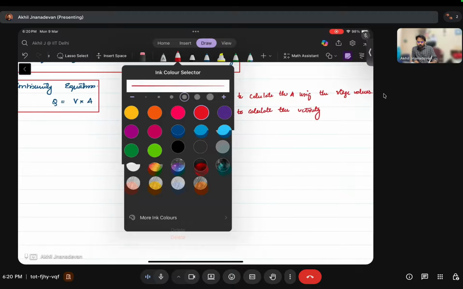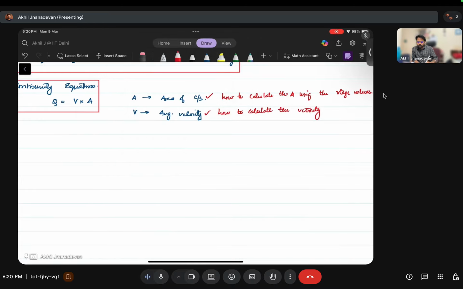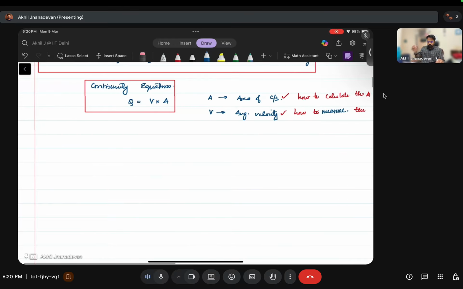Here we'll basically not be calculating, we'll be measuring velocity using different types of direct and indirect methods. How to measure velocity, so these are the two new tasks. If we have both, we can directly put them in the continuity equation to get the discharge.